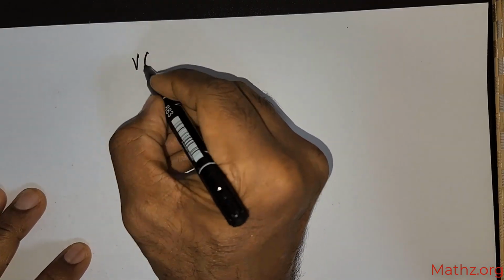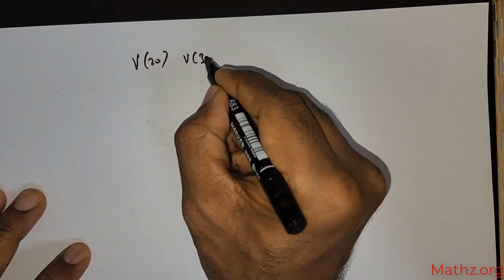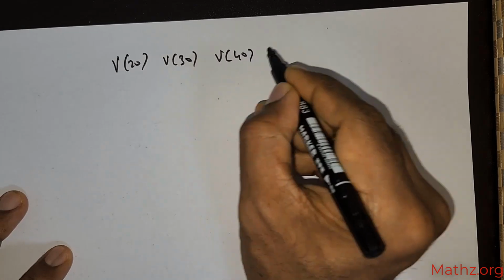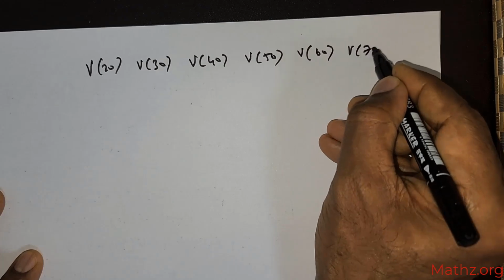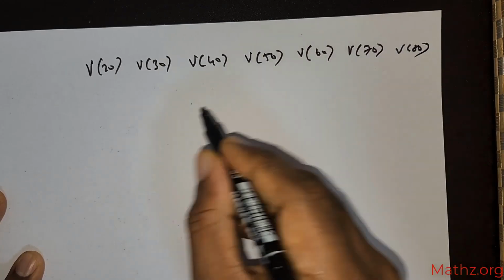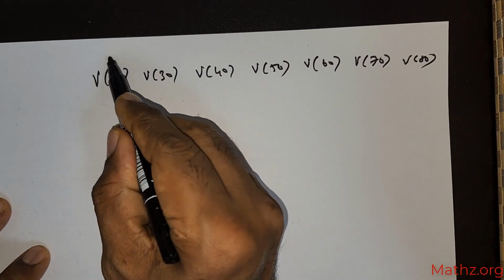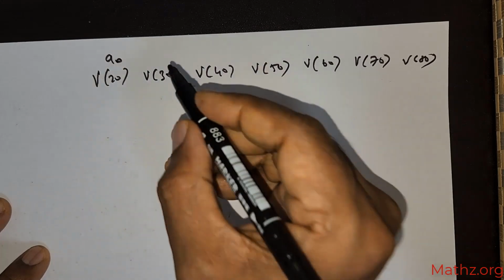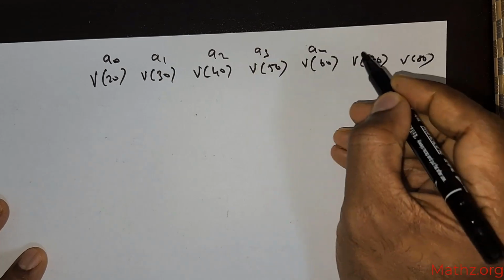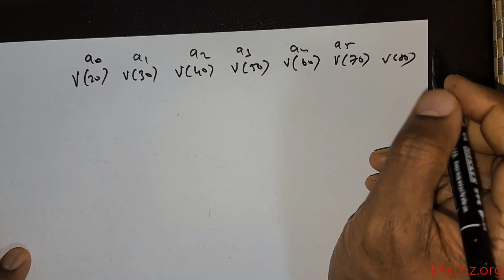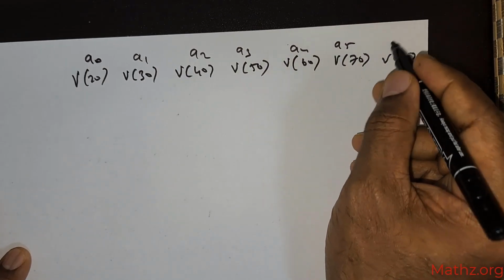After we have got v of 20, we need to find v of 30, v of 40, v of 50, v of 60, v of 70 and v of 80. As I mentioned to you, this is a0. Now this will be a1, a2, a3, a4, a5 and this is the last value.